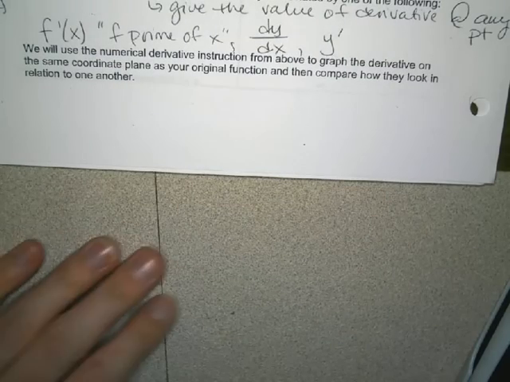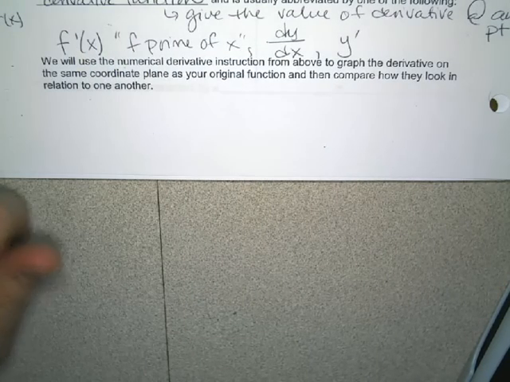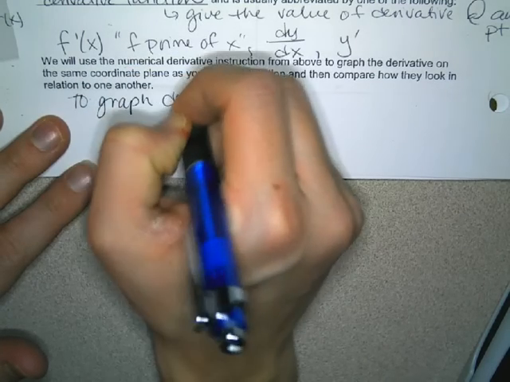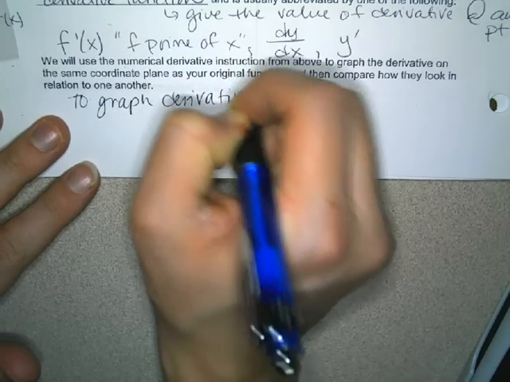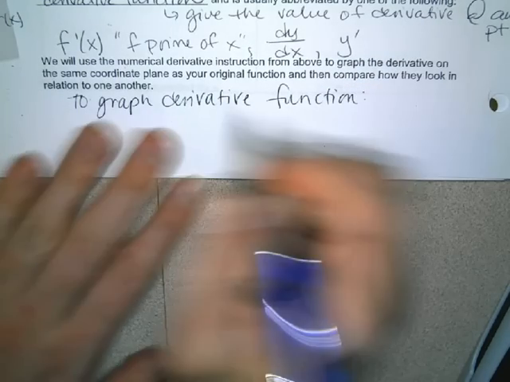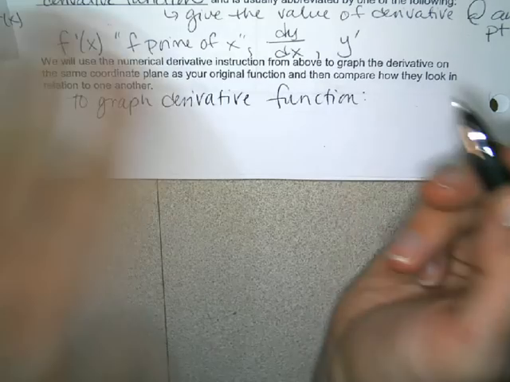Okay, we will use the numeric derivative instruction from above to graph the derivative on the same coordinate plane as your original function and then compare how they look in relation to one another. So to graph the derivative function, this is what you would put into your calculator.